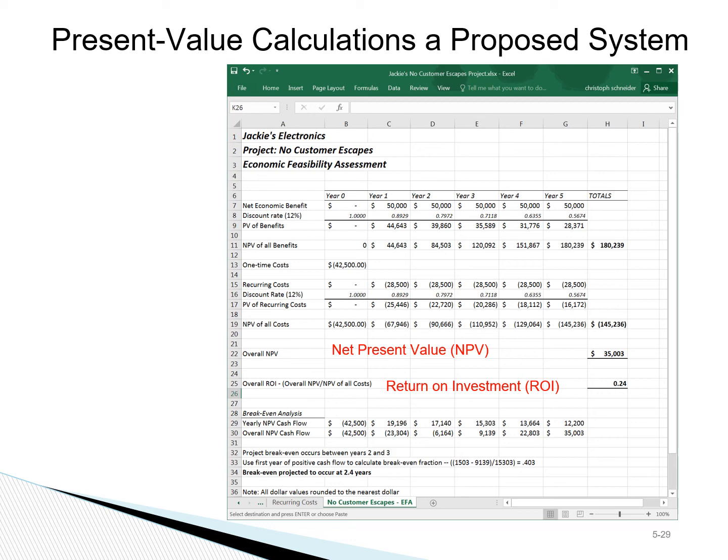That rate that we get, the savings rate, is our return on investment. We can also conduct a break-even point analysis. This is when the benefits offset all the costs up to that point on the project.